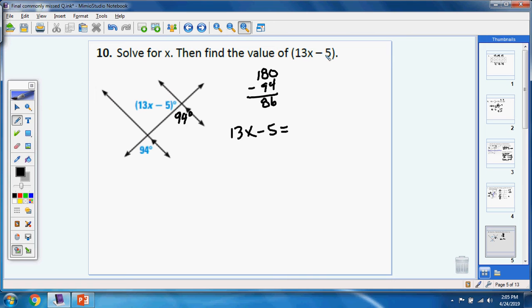So the value of 13x subtract 5 is 86 degrees. Now I need to find my x. So I'll allow you to finish this equation to find the x value. But again, I did corresponding, and that's supplementary. Supplementary is 180. So if this is 94, this has to be 86 because I subtracted it and found the difference.